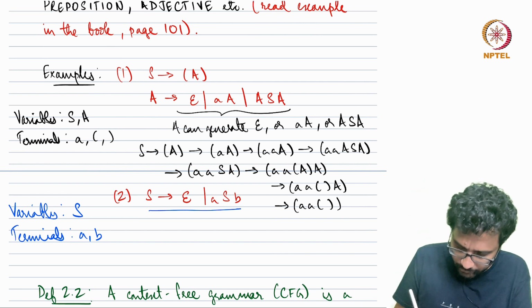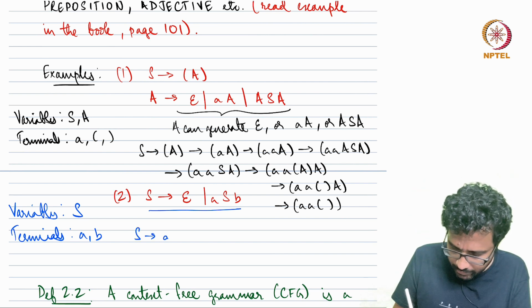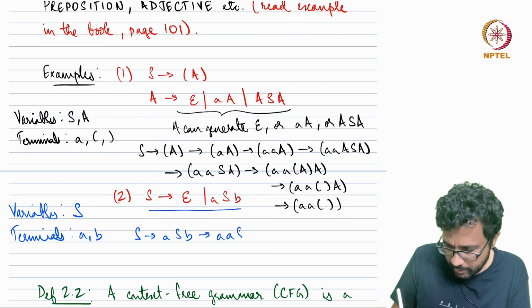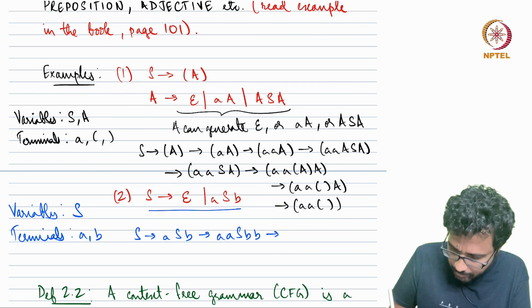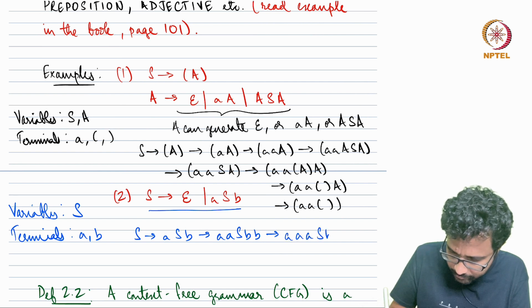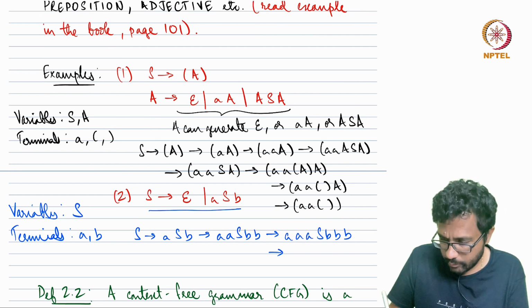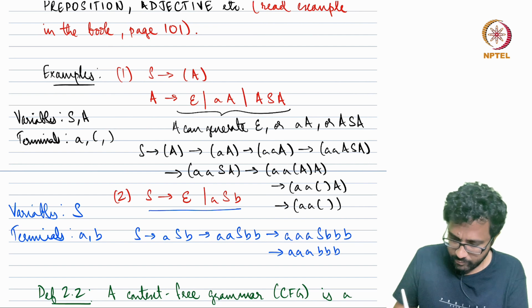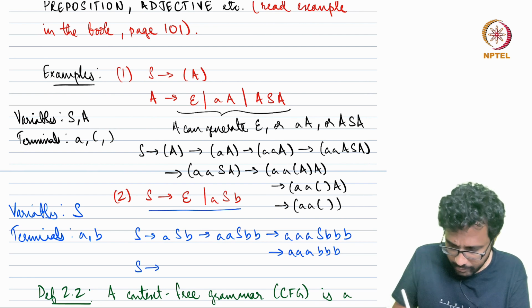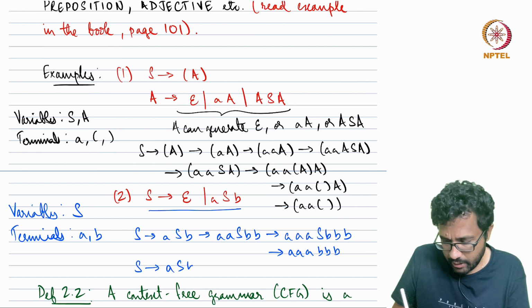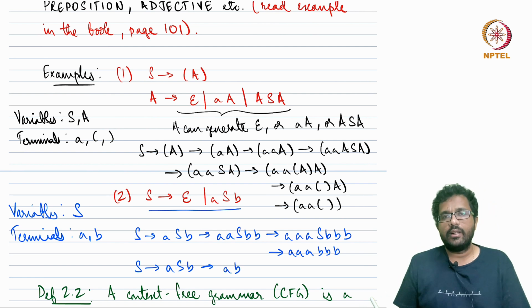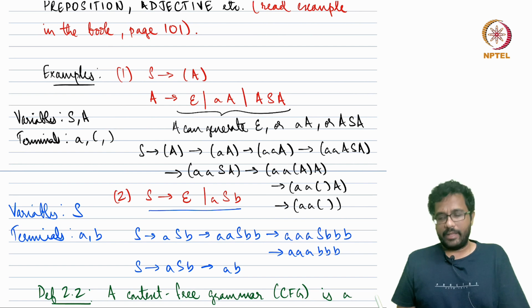So here let's see, S gives aSb, maybe once more aSb, and maybe once more aSb, and maybe then we replace it with the empty string. So you have abbb. Another possibility is aSb and then ab, like this, where we use the rule S yields the empty string.